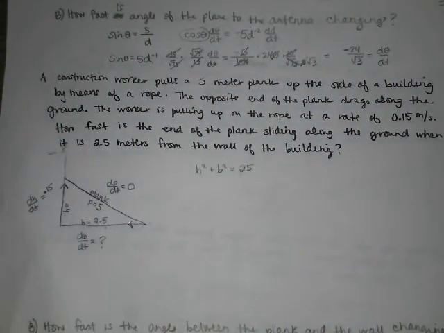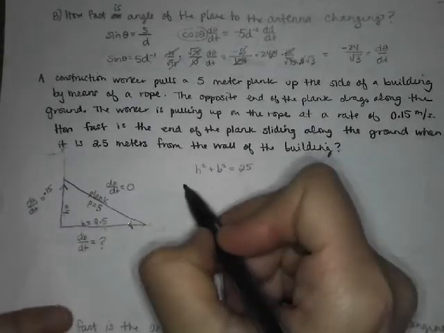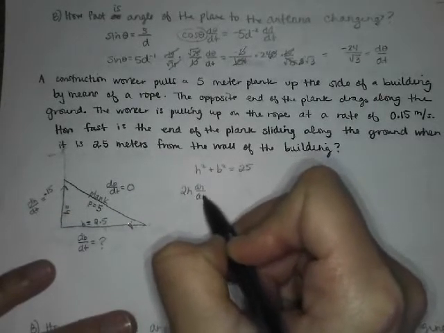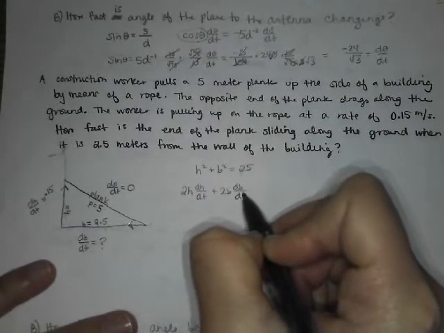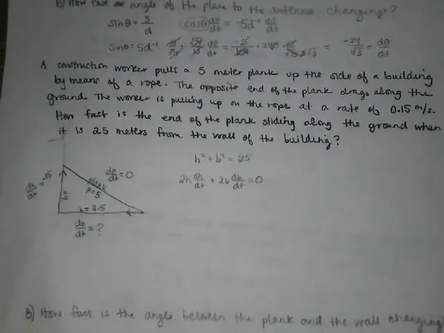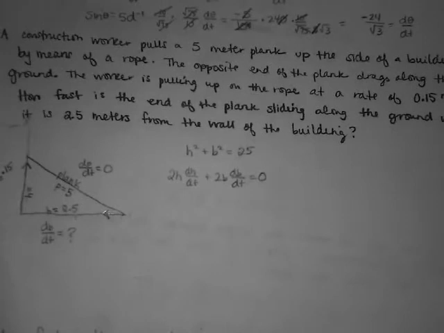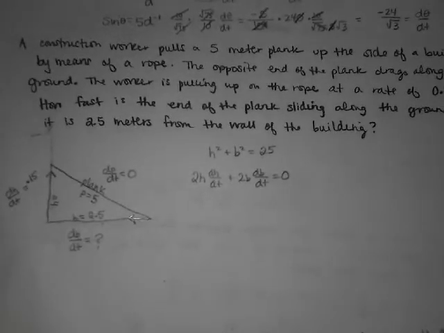We cannot do that for H and B. So now we differentiate. What's the derivative, Elise? 2H times dH/dt plus 2B times dB/dt equals 0. Perfect. And then we're just going to slowly plug in what we know. What do we know, Morgan? Okay, what's H? Say it again?